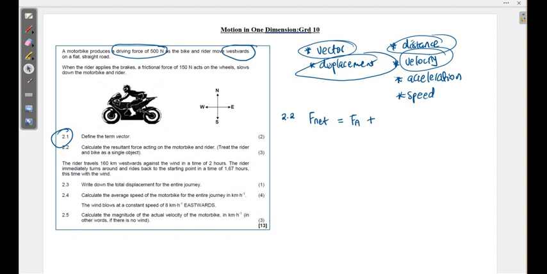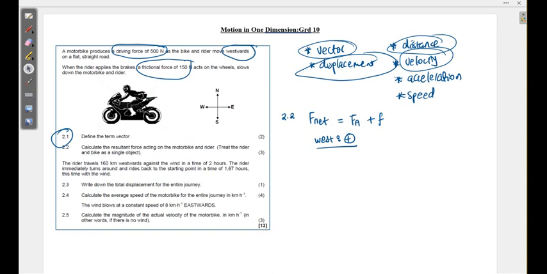And then the second force is a frictional force, so we usually just put F there, right? Now we have to choose our direction. So we can choose west to be positive, or we can choose east to be positive. So for this example, since they already talked about west, we're going to say west is positive.